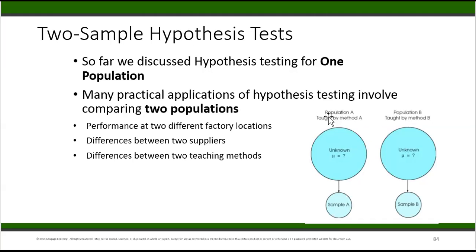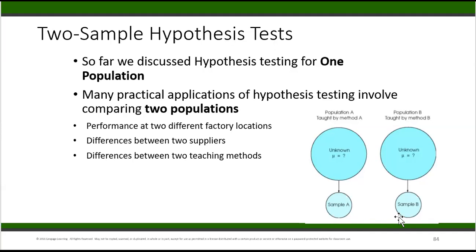So now we have two different sets of people that each belong to a different university system. Comparing the population means of these two populations would involve a two-sample hypothesis testing.